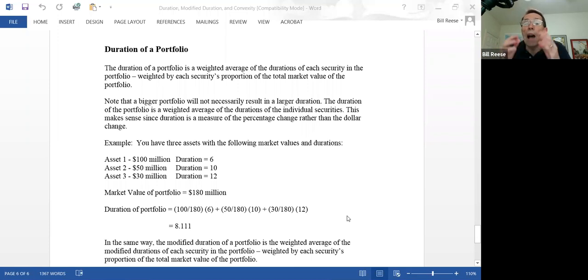So you say, I want to make sure that I have $20 million in 10 years, no matter what happens to interest rates over the next 10 years. Interest rates could go up, interest rates could go down, but no matter what happens to them, I want to have $20 million in 10 years.